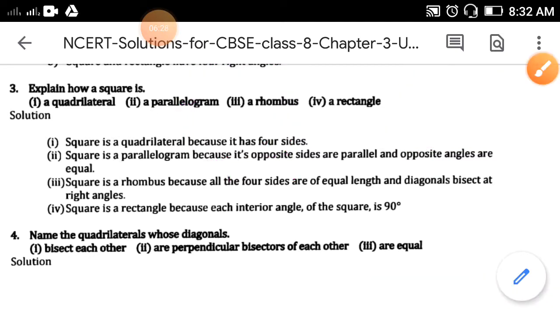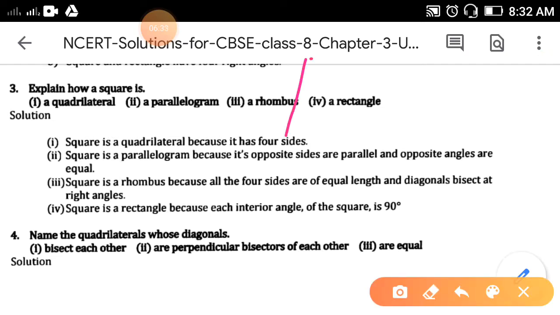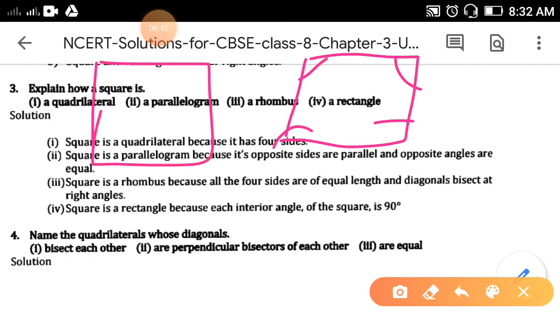Okay. Next, third one, a rhombus. In a rhombus, opposite sides are parallel and all 4 sides are of equal length. In a square also all 4 sides are of equal length, so it can be a rhombus. And the diagonals bisect each other at right angles, in a square also and in a rhombus also.